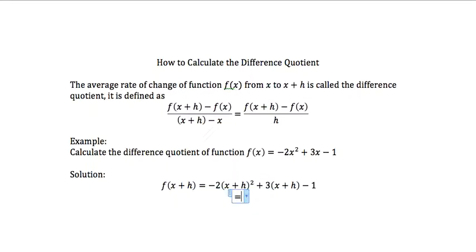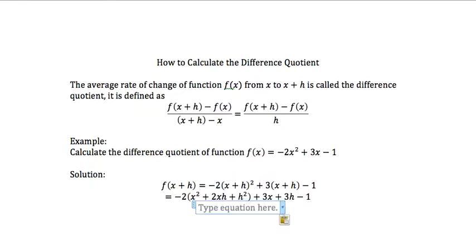This is just equal to negative 2 multiplied by (x squared plus 2xh plus h squared), then plus 3x plus 3h minus 1.